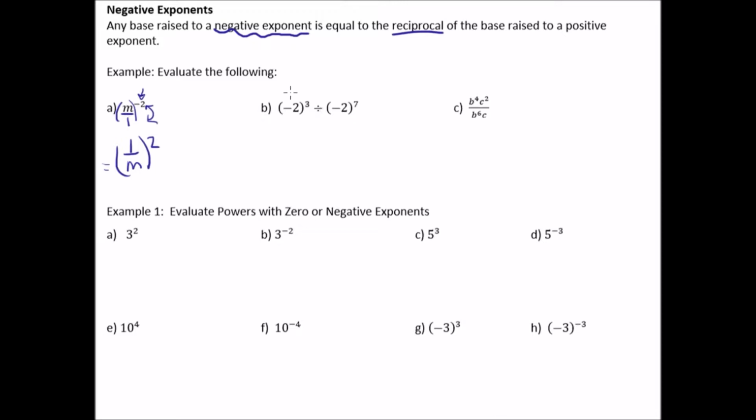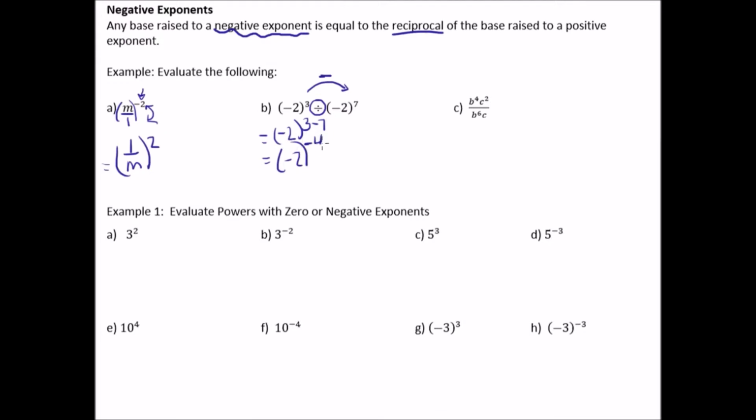Okay, in a two-step problem like this, negative 2 to the 3 divided by negative 2 to the 7, let's take care of the division first. We know that we subtract the exponents, and remember it's the first minus the second, so it's negative 4.